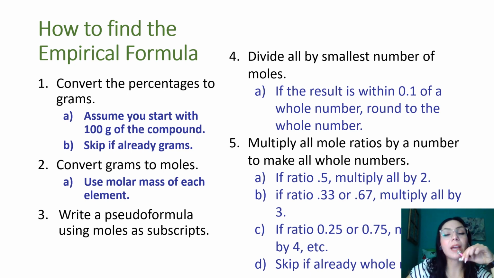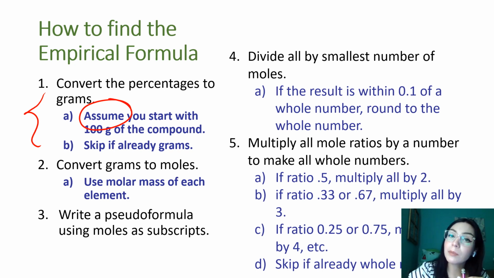And this is how we actually find the empirical formula. There are a lot of steps, and it won't make sense until you actually do it, but I'll just read the main points here. First, you convert any percentages to grams. You assume that you have 100 grams of the compound. So if you have percentages of elements, you assume 100 grams. If it's already in grams, like we saw earlier for percent composition, you just skip that part.